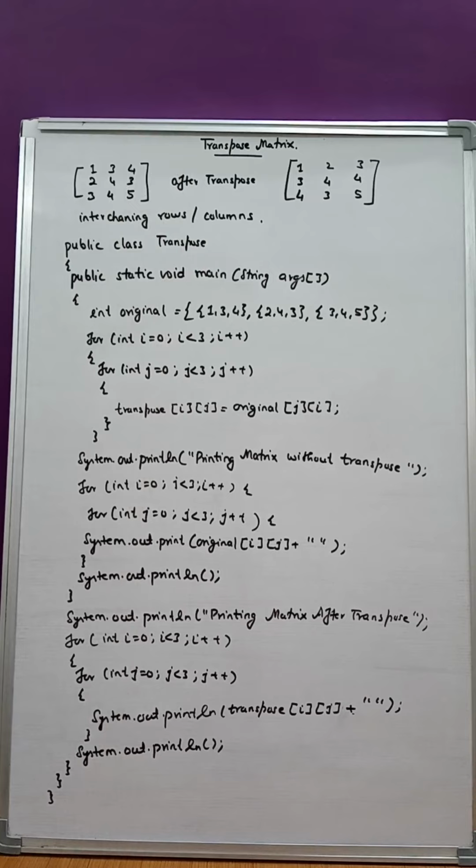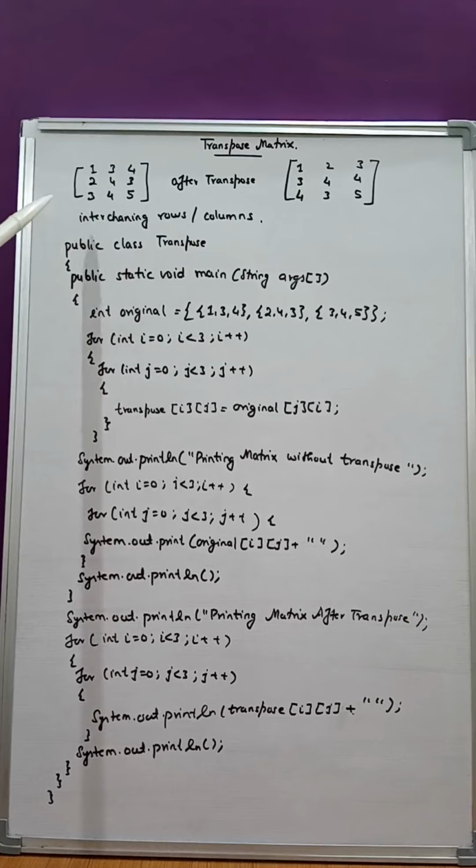Now the question arises: what is a transpose matrix? See, if this is the original matrix, like 1 3 4, 2 4 3, 3 4 5, and we are doing the transpose of a particular matrix, we are just replacing the whole row with the whole column.